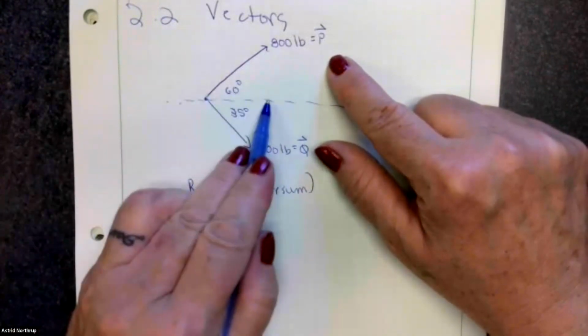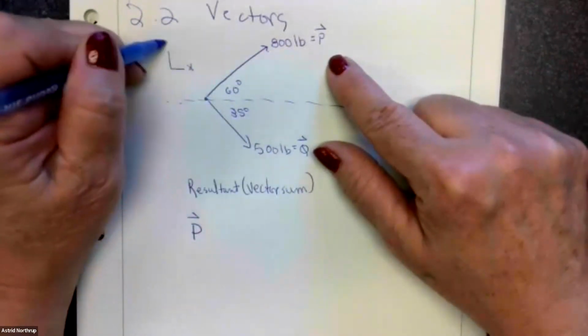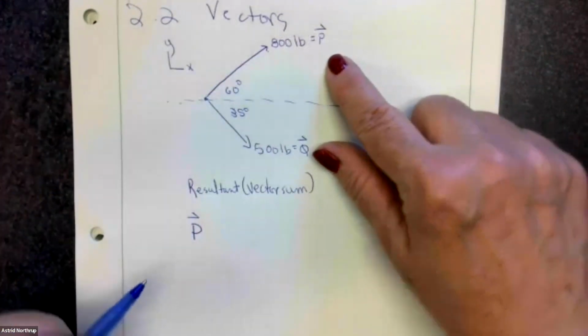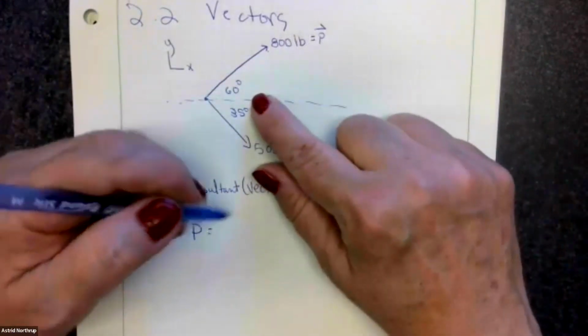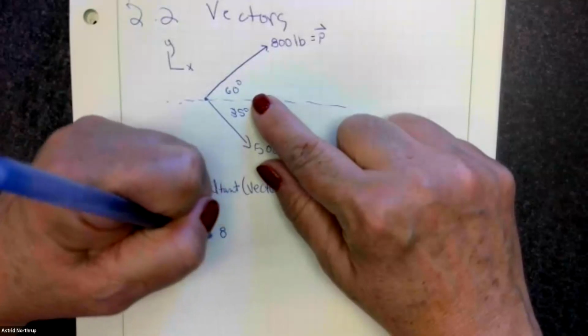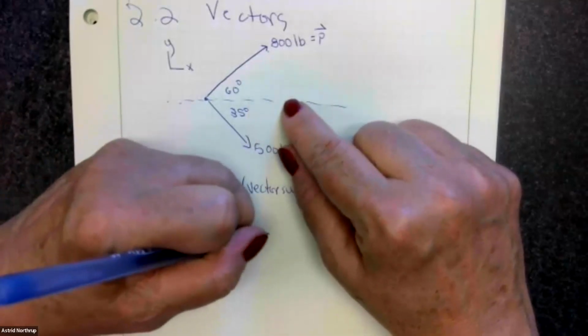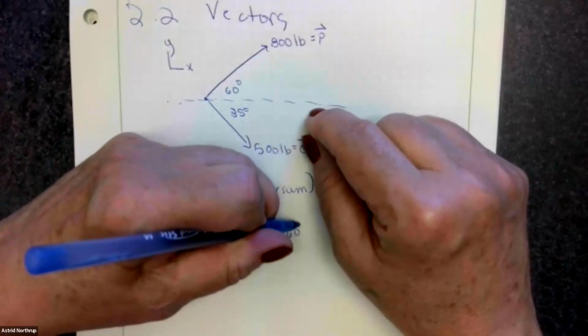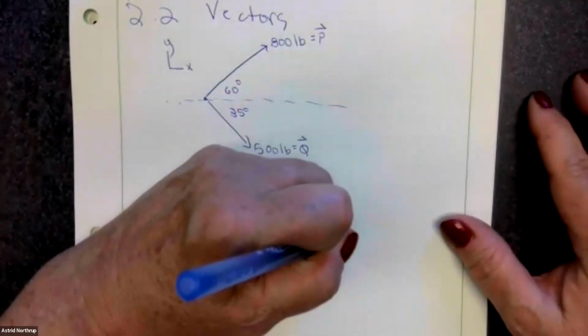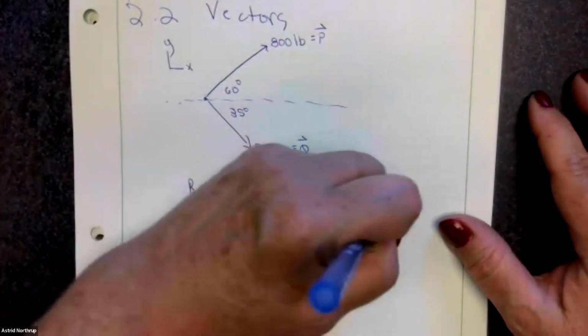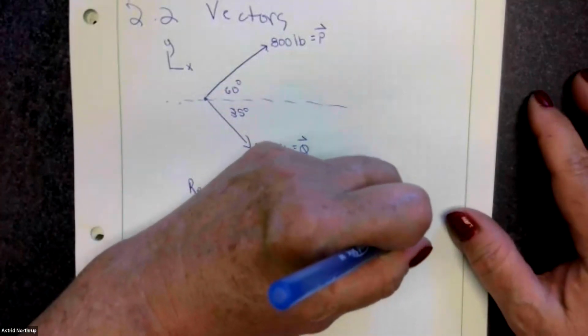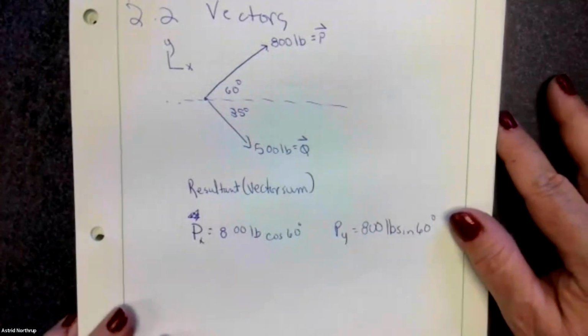P is positive in the X direction and positive in the Y direction. So P sub X is 800 pounds times the cosine of 60 degrees, and P sub Y is 800 pounds times the sine of 60 degrees.